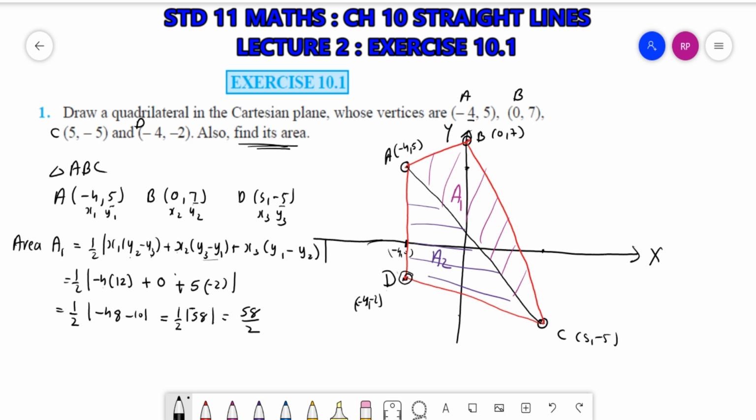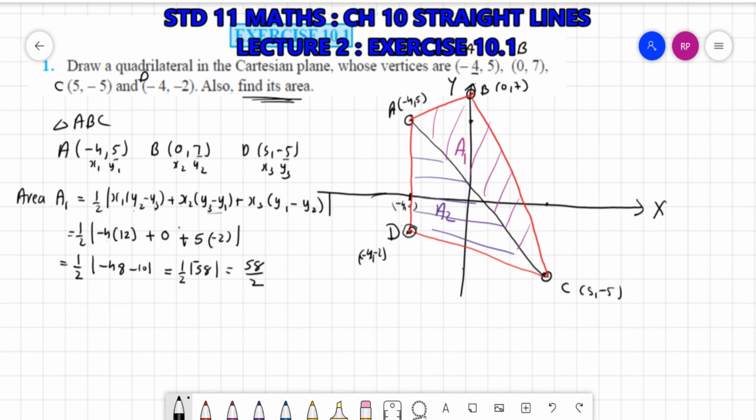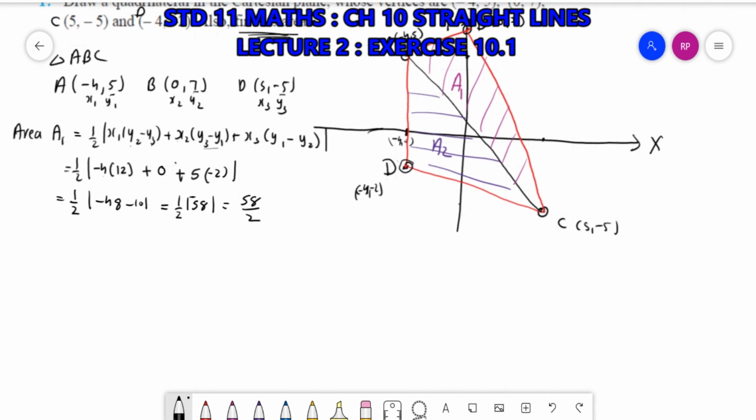Now let's see the other triangle, for A2. I will take triangle ACD, where A is (-4, 5), C is (5, -5), and D is (-4, -2). Let's take x1, y1, x2, y2, x3, y3.